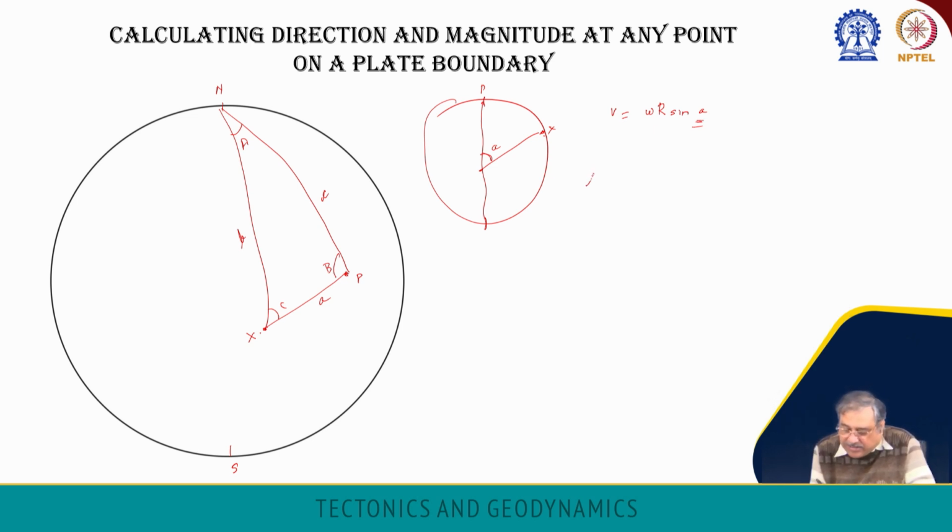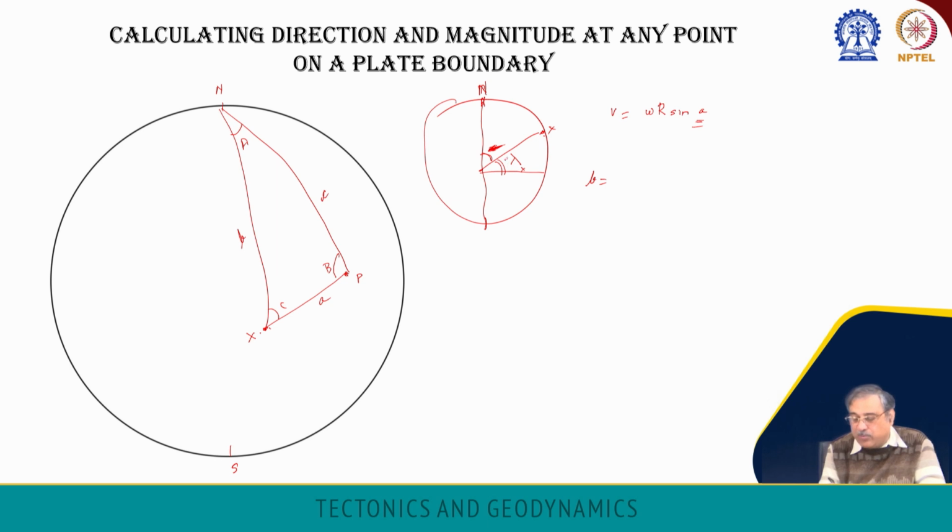Let's go about it this way. Let's look at small b. Small b is this particular arc. What is small b? Small b is the angular distance subtended by point X at the surface of the earth with respect to the geographic north pole. Suppose this particular point is point X and that was point N, then this angle would actually be the latitude of X. So let's cut this out.